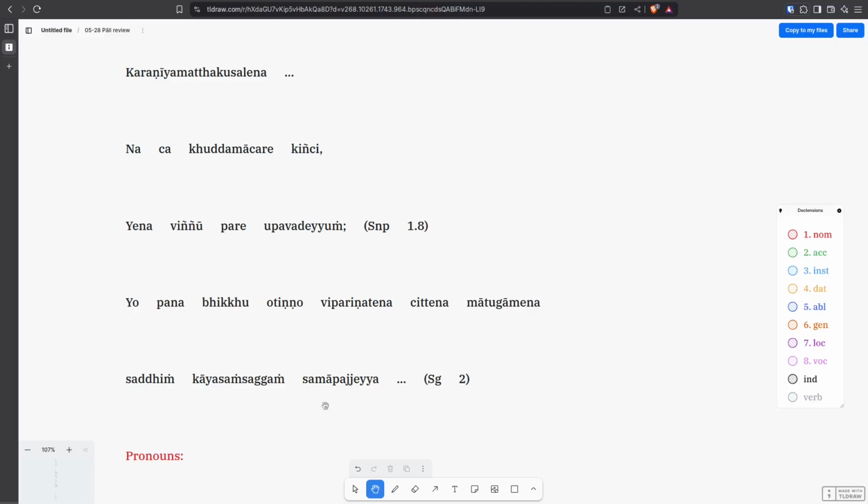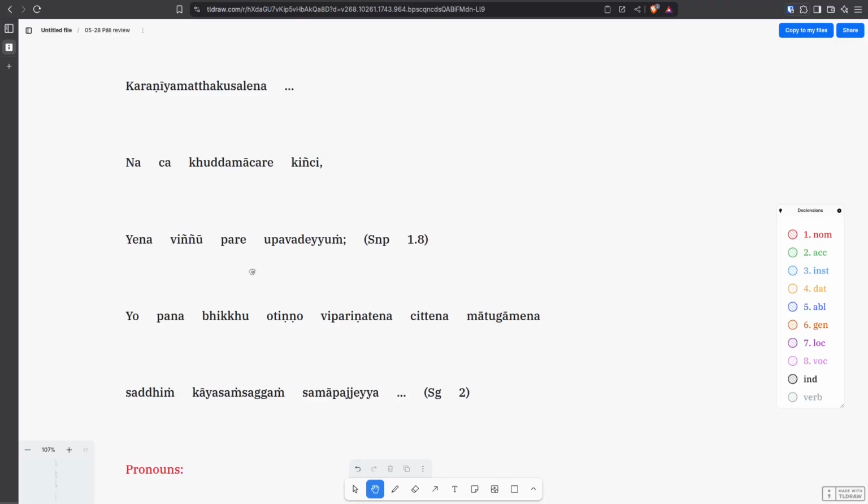So these are sections that you might have memorized already. So Karaniyamatta Kusalena. Venerable Jayaviro, can I ask you to read this, please? Okay. Karaniya matta kusalena nacha kuddam achere kinchi.